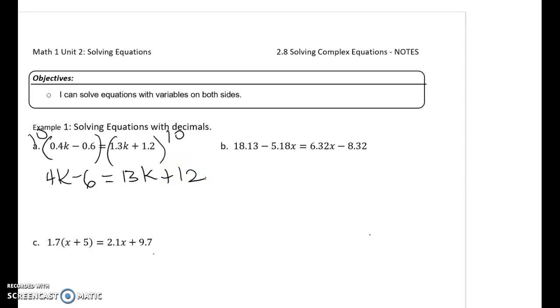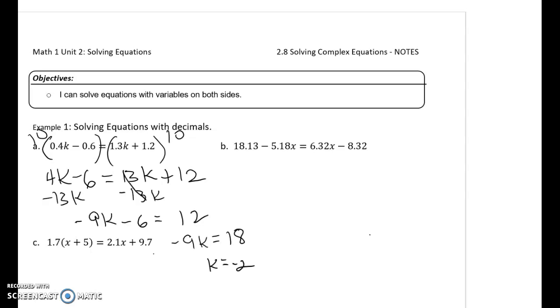Okay, so that's how we can get rid of decimals so that we can move forward in solving this equation for k without having to worry about decimal places. All right, so again, isolating the variable, I'm going to undo operations, and we get k is equal to -2.